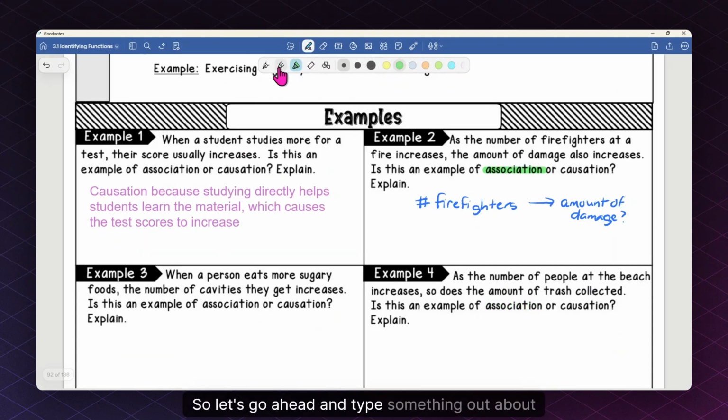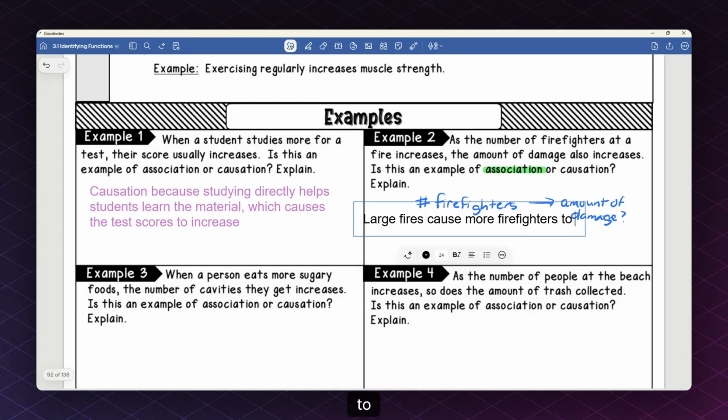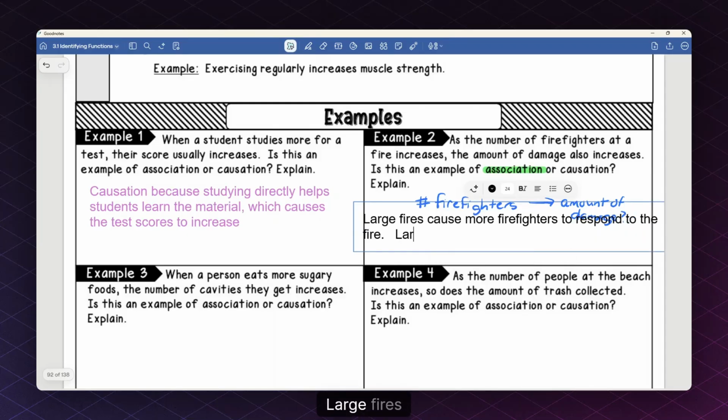So let's go ahead and type something out about that. Large fires cause more firefighters to respond to the fire. Large fires also have more damage.